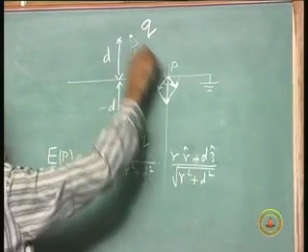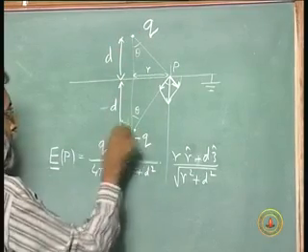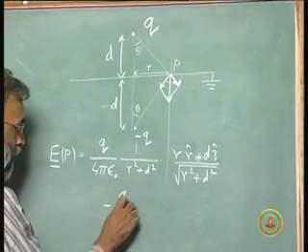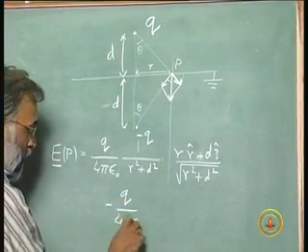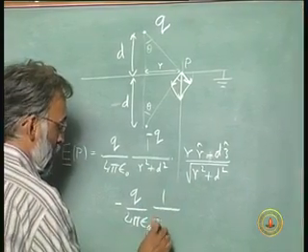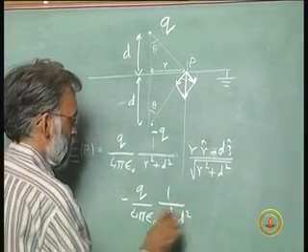This is the electric field due to this charge, and the electric field due to this charge is minus q over 4 pi epsilon naught 1 over r squared plus d squared.